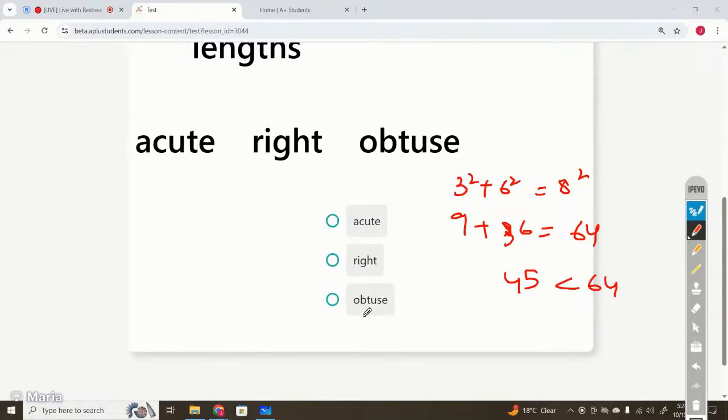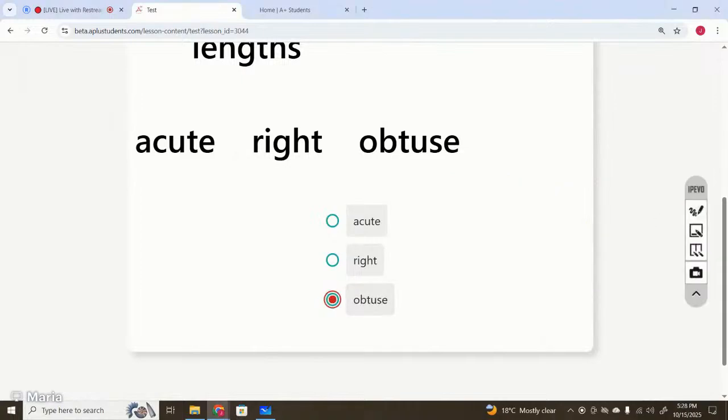So that is an obtuse triangle. Obtuse triangle it is.